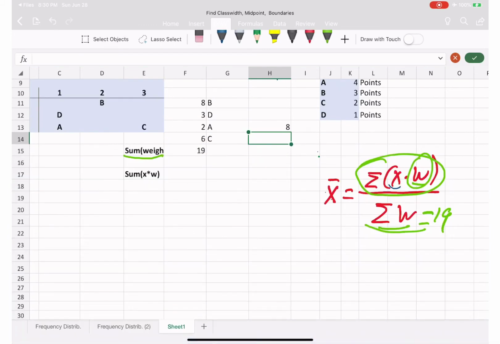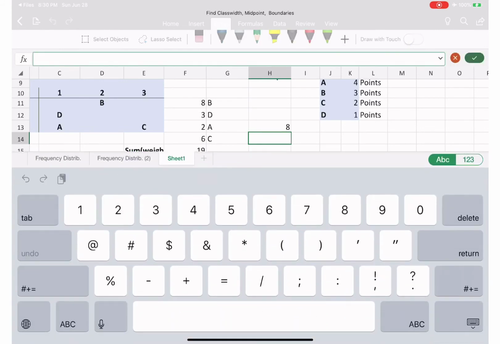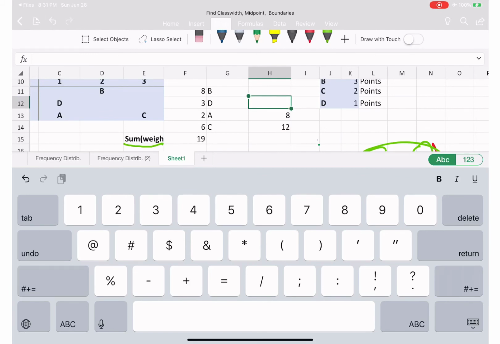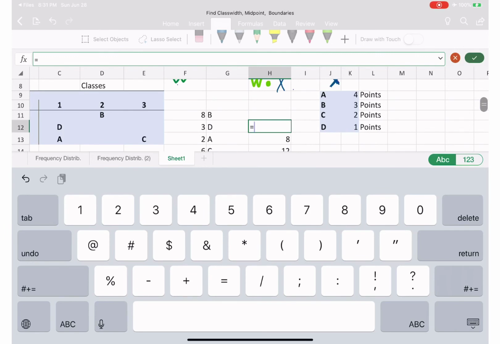Next, here we have C. How much is our C? The weight of C is 2. And we multiply by 6. We need D, equal sign. For D, we have 1 point, and we multiply by 3.